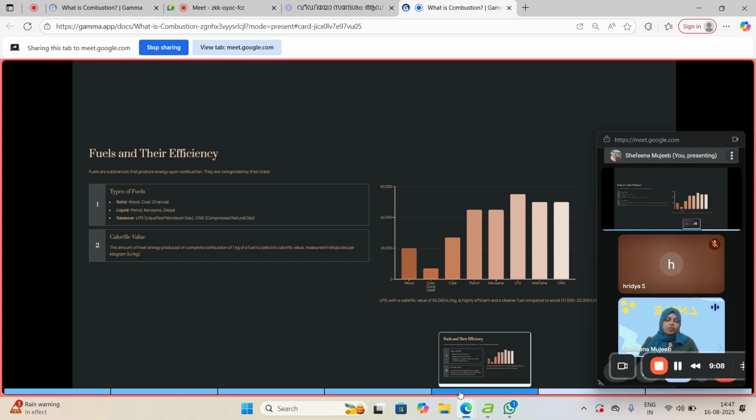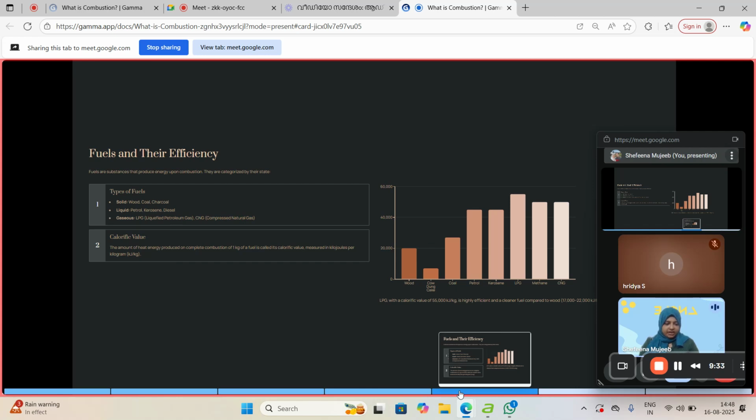If we define the efficiency of the fuel, we can explain it as the ability of the substance to liberate energy, or the amount of energy liberated by 1 kilogram of the fuel.